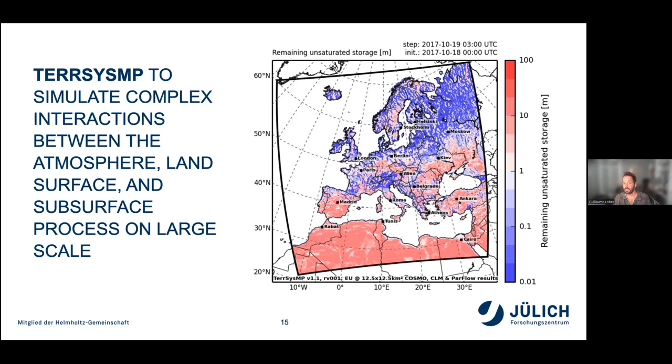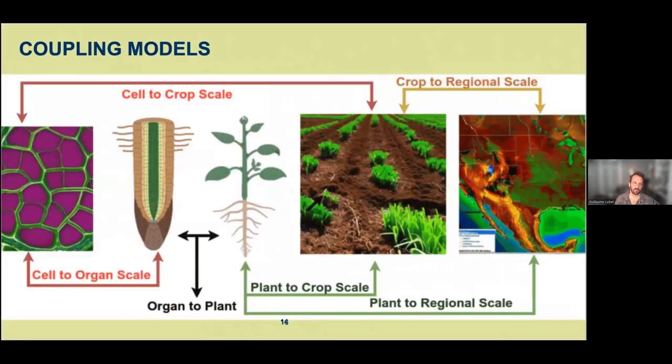But again, here, of course, because you upscale, you increase the size of the domain that you're looking at, you have to decrease the accuracy of the different processes that you are looking at. So that's the idea behind the model coupling.